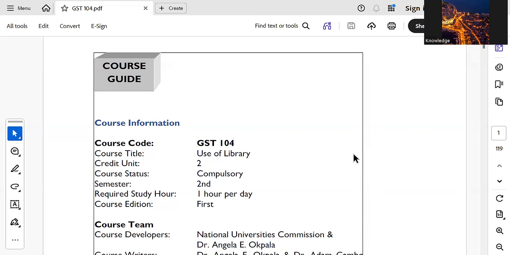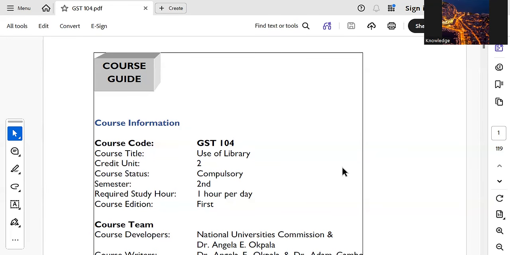This is GST 104. It is a 2-unit course and it's a general course for all 100 levels second semester, regardless of your department and the program you are studying.